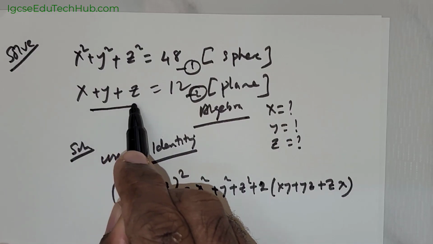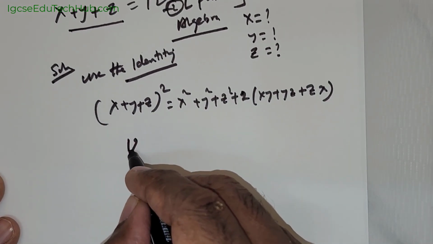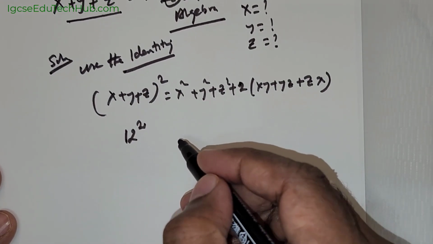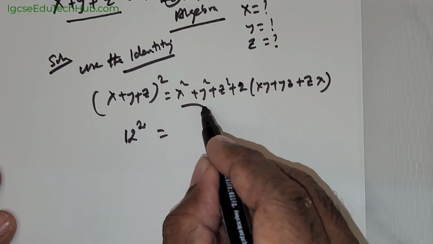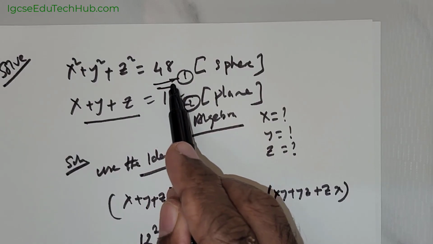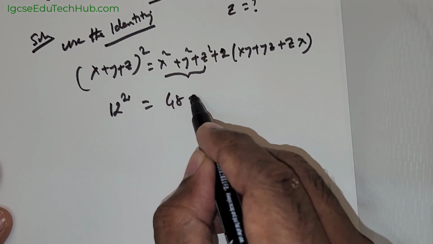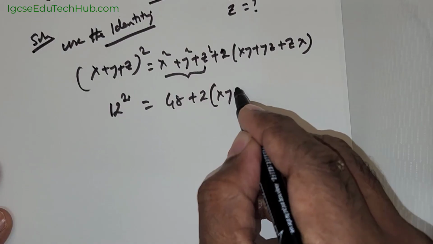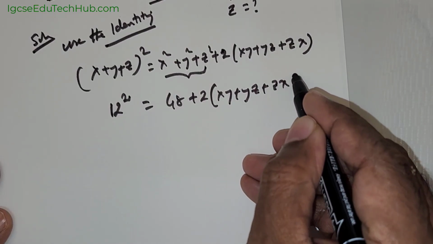Now x + y + z is 12. So this is going to be 12 squared, and x squared + y squared + z squared is 48, plus 2 times (xy + yz + zx).